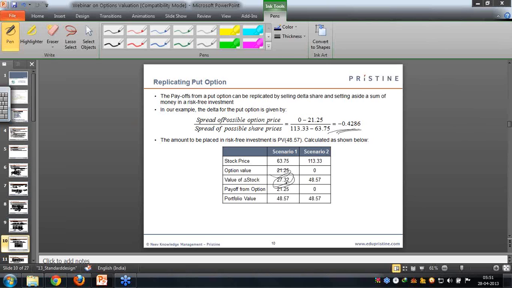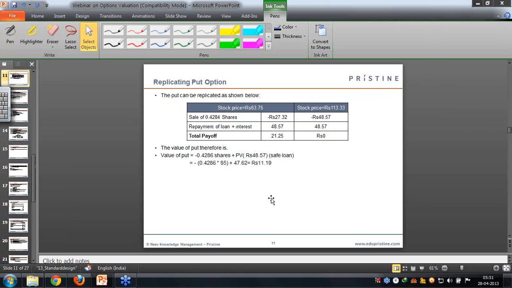There it is a difference. Here it will be the sum, which will give you 27.32 plus 21.25, which will be 48.57. So here the put can be replicated using the portfolio of 0.4286 shares, which is the delta that we calculated.